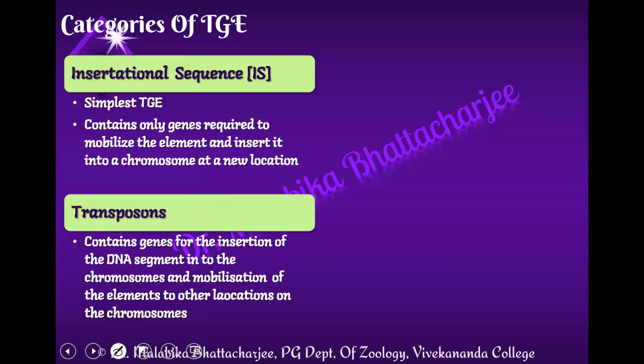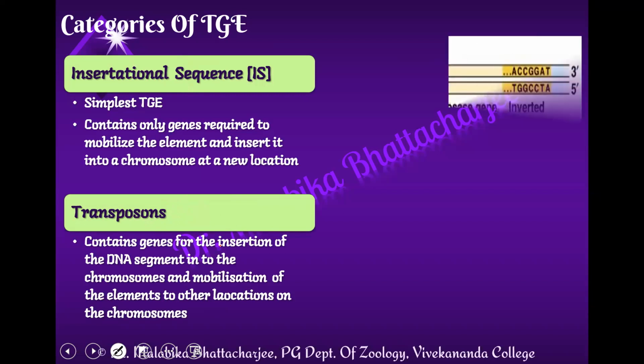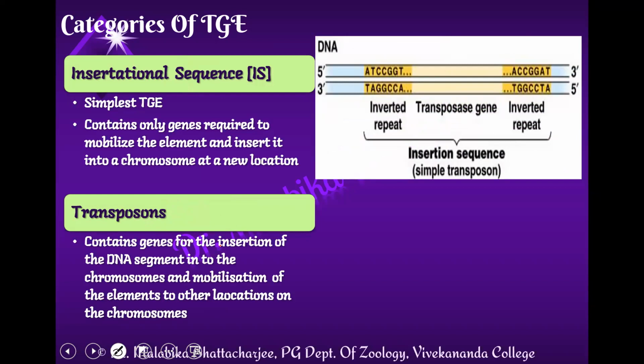Now coming back to where we started. In one of the slides, I showed you that based on complexity, how large the DNA sequence is, and the size, structurally there are two basic classes of transposons. The first one is the insertion sequence.